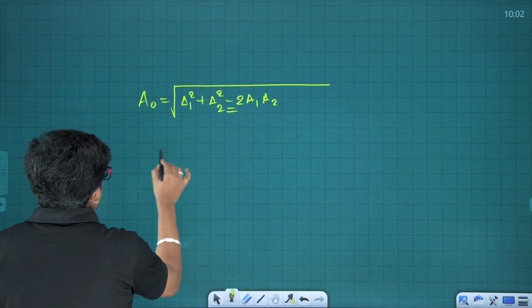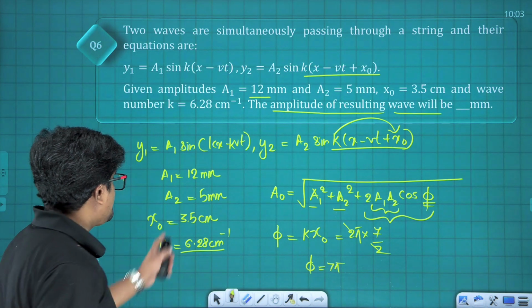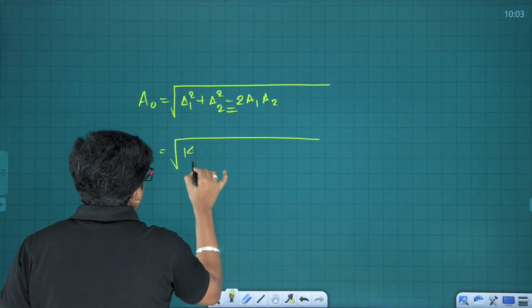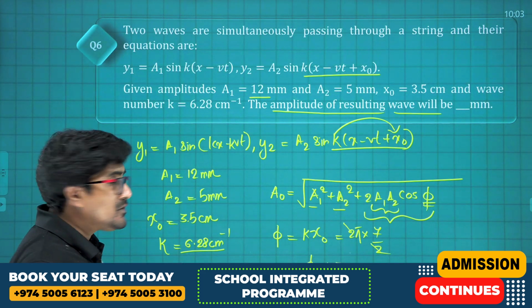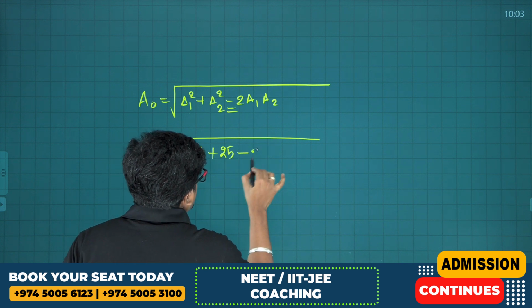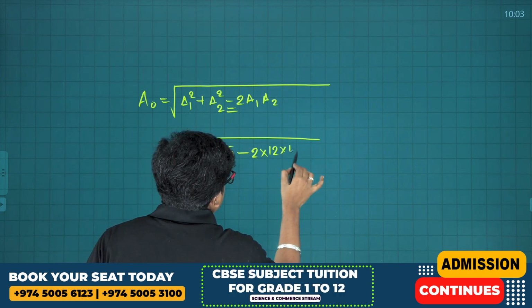This is supposed to be root of a1 square, it's 12 square, that is 144, plus a2, which is 5, square of that is 25, minus 2 into a1 which is 12 and a2 which is 5.